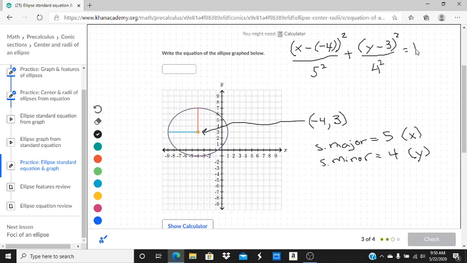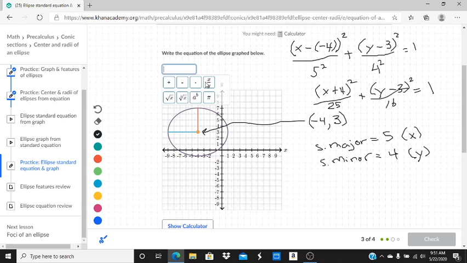equals 1. This simplifies: instead of x minus negative 4, x plus 4, squared over 25, since 5 squared is 25, plus y minus 3 squared over 16 equals 1.